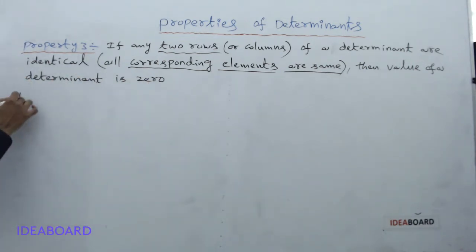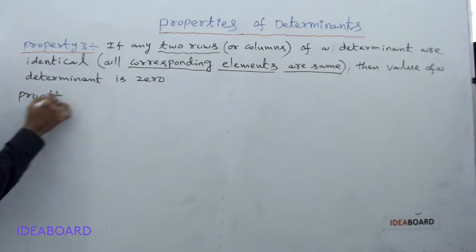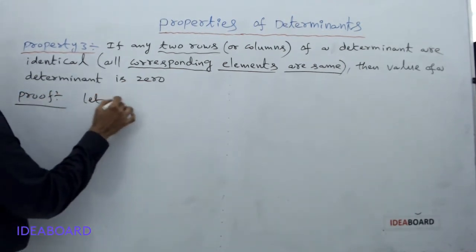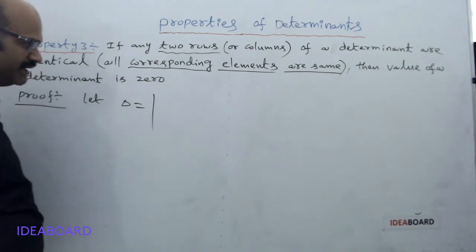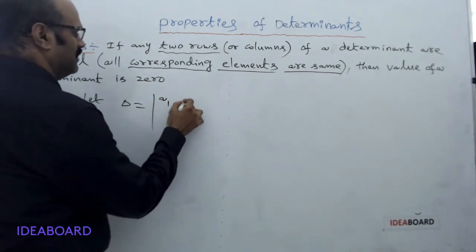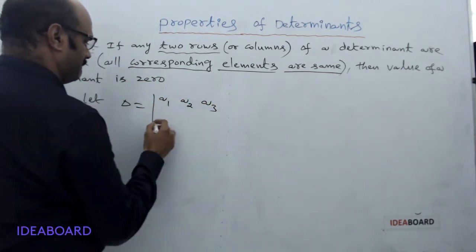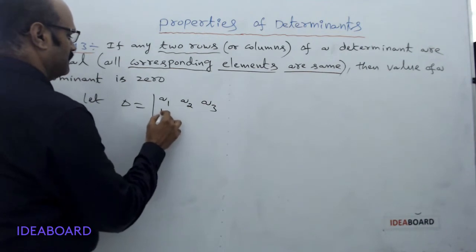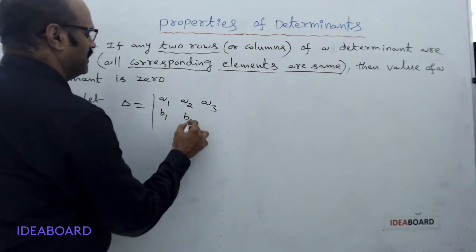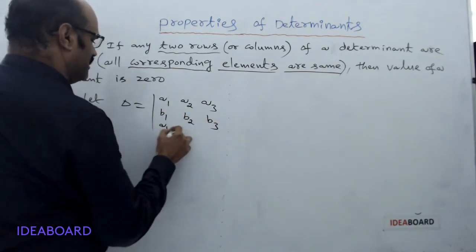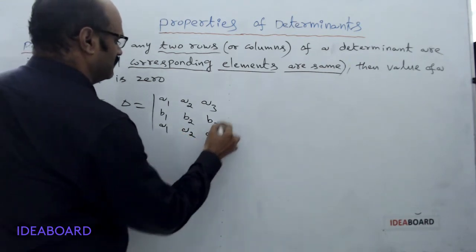So the proof is, let delta equal the determinant of A1, A2, A3, B1, B2, B3, A1, A2, A3.